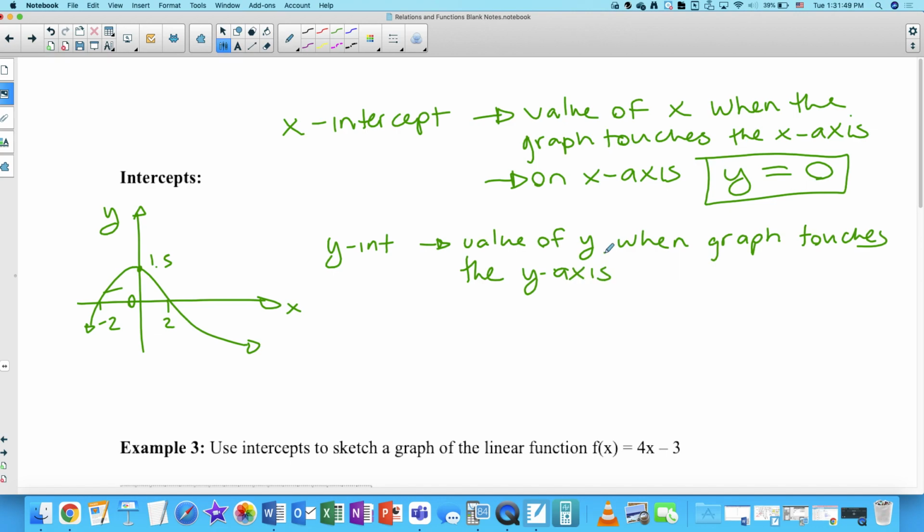Which one do you know? Yeah, x is 0, because if you're on the y-axis, you're not going anywhere horizontally. So you're always at a horizontal value of 0. So here, on the y-axis, x is 0.